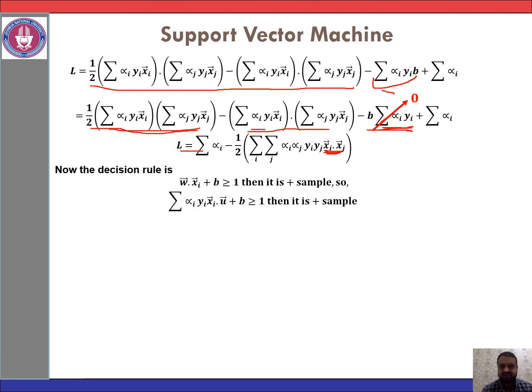In previous slides we discussed that if the dot product of w with any vector xi plus b is greater than or equal to 1, then it is a positive sample.